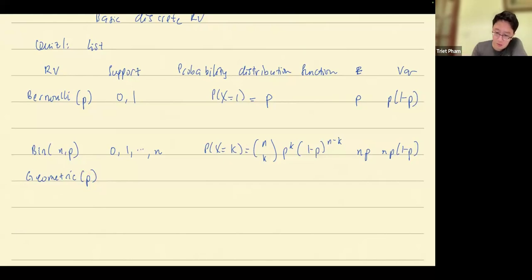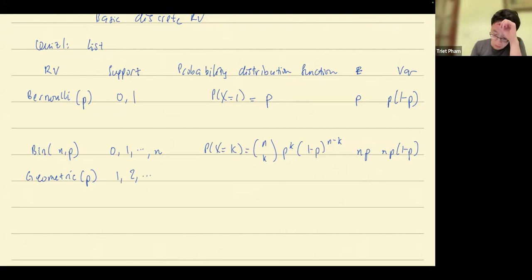So the values it can take are 1, 2, etc., and it has no upper bound, because you don't have an upper bound on the number of failed trials before you can have a first success.